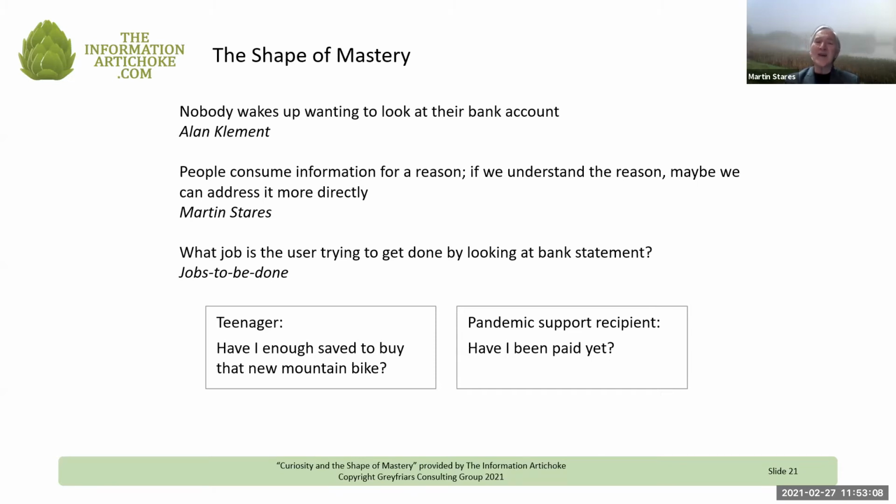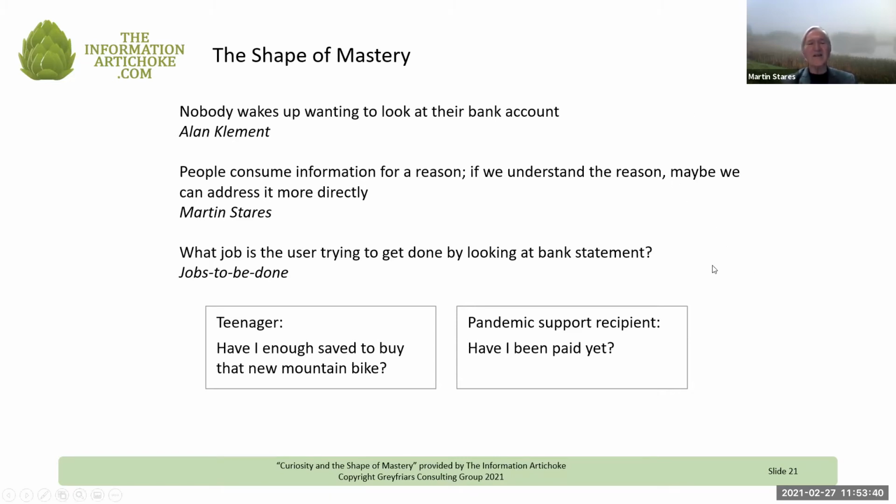And if we can understand that reason in enough detail, maybe we can address the reason more directly. And in the jobs to be done world, they would ask a straightforward question: what job is the user trying to get done by looking at a bank statement? And the answer depends on who you're talking to. A teenager may say, have I saved enough to buy that new mountain bike? A pandemic support recipient may say, have I been paid yet?